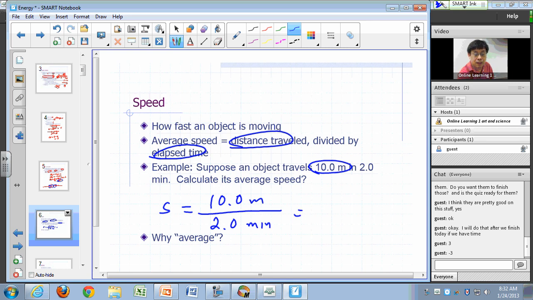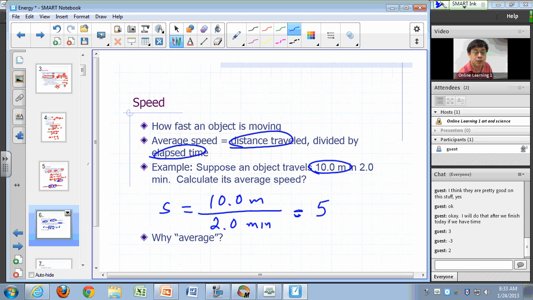How many sig figs should I have in my answer? 2 sig figs, very good. So 5.0 meters per minute. That would be your unit.